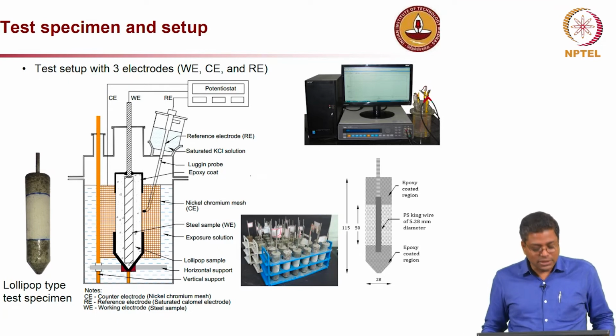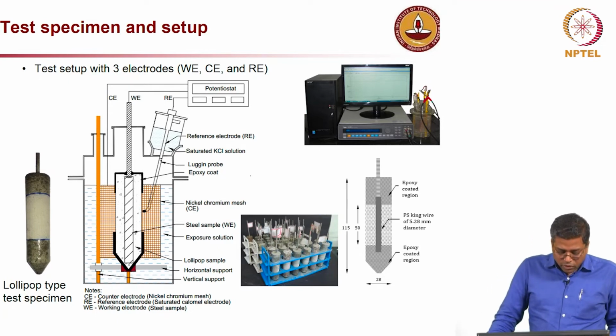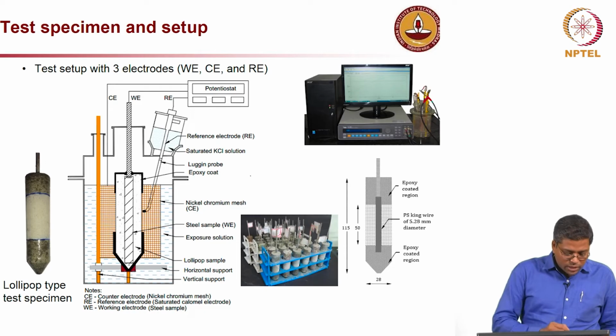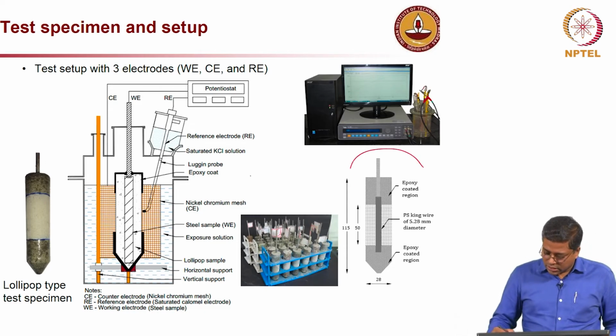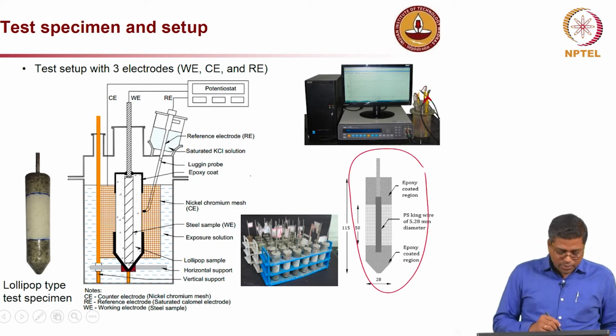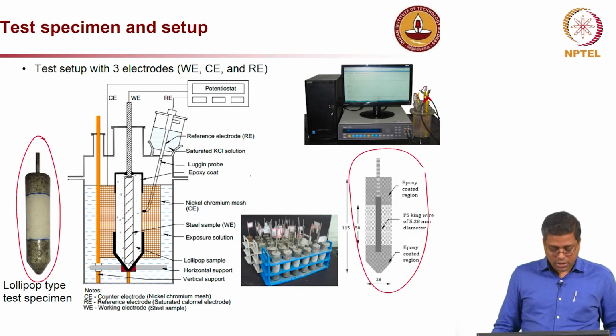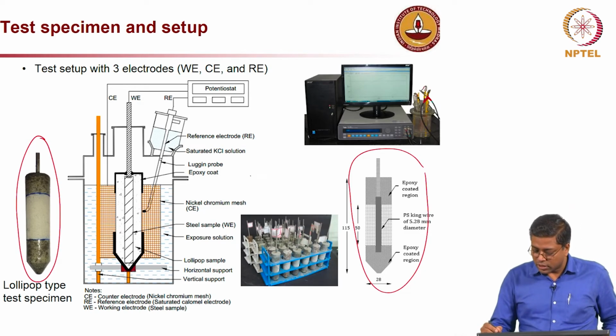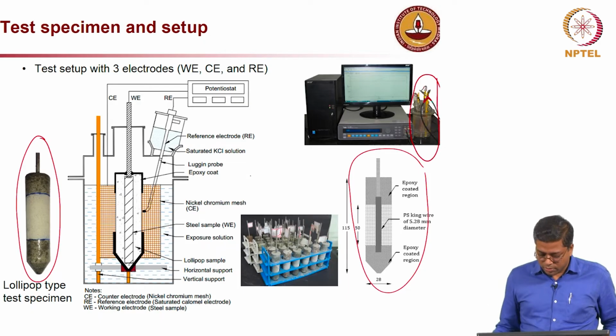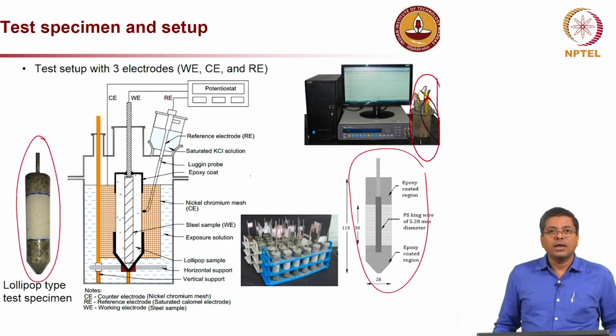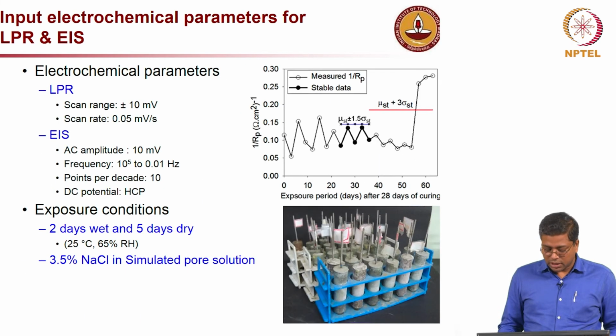This is a typical test setup for doing this type of test with one rebar, like you see in the sketch here, a diagram with one rebar embedded inside, and this is how the specimen looks. We call it a lollipop type specimen, and it is kept in a small beaker. You can see here a small beaker and multiple testing. This is a typical corrosion cell test setup, and we need a potentiostat to take the measurements.